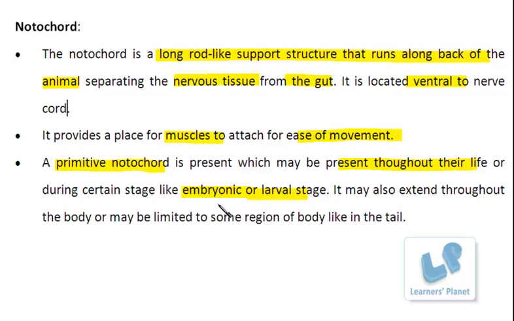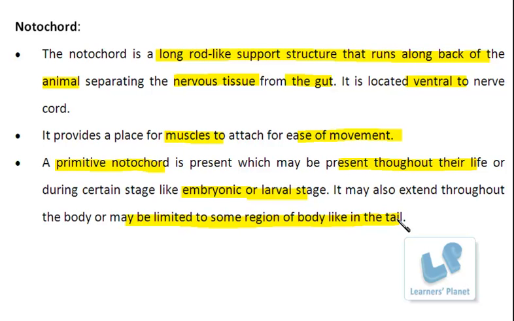That means notochord is there, but the variation occurs, like its existence or its complexity varies with the different organisms within this group. Second thing is that there are organisms in which, even if it is present in the adult stage or in the larval stage, it may be present all throughout the body, or it may be limited to some regions, like the tail part, right?